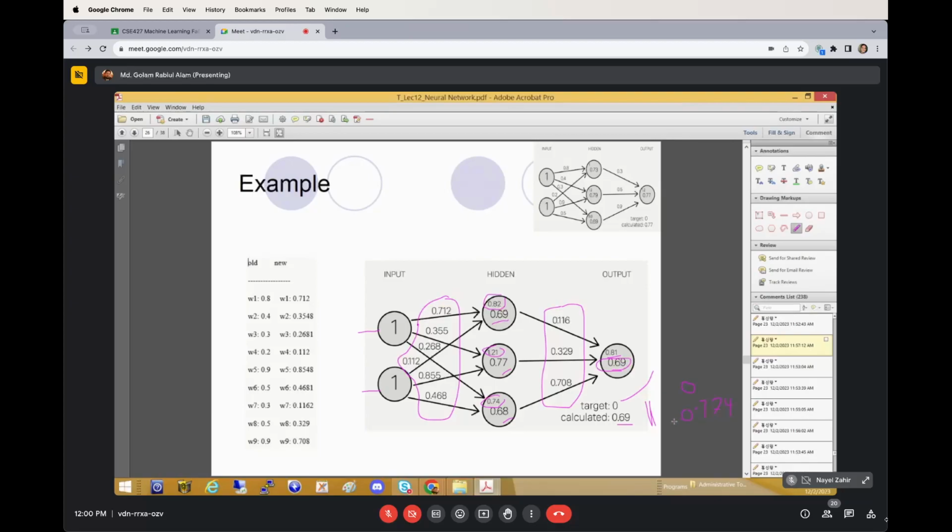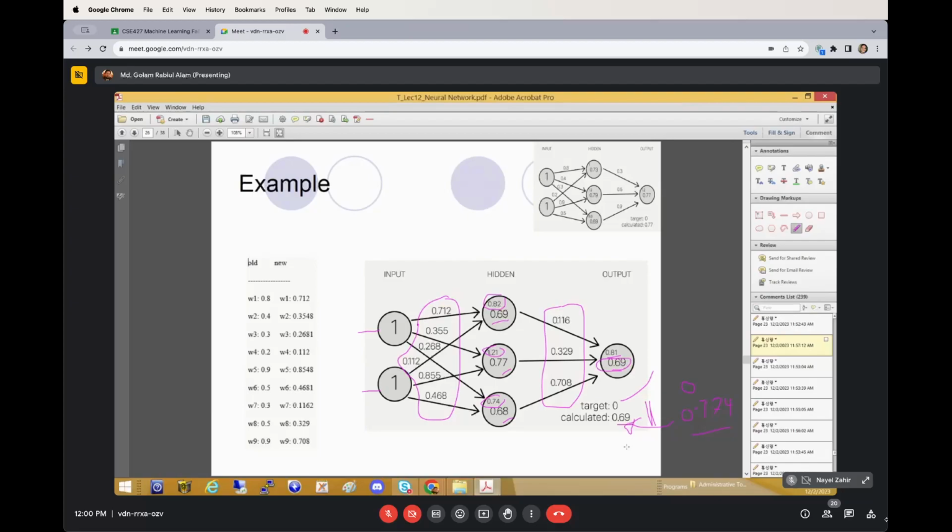We can see that it is reducing towards 0. First it was 0.774, but now it is 0.69. So the error is reducing, with just one iteration. If we perform maybe 1000 iterations, then we will get 0. Okay, so this is how the basic neural network works.